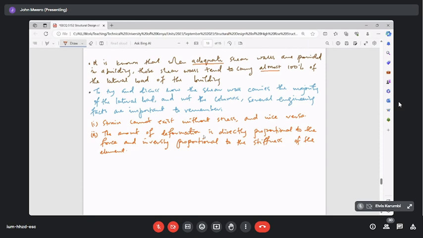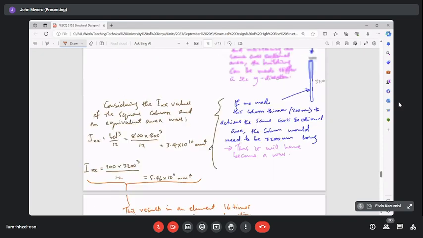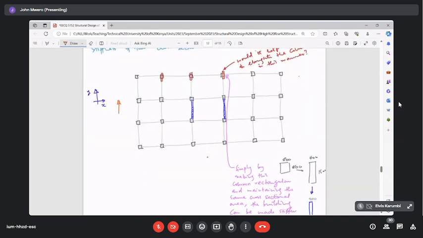Consistent deformation. So if they are to deform together and you apply a loading, for that loading to cause a deformation, it must deform both the column and the shear wall. If you're applying forces here, like you will do in the frame that you're trying to design, if this frame is to deform that way, that deformation has got to be of both the columns and the shear walls.